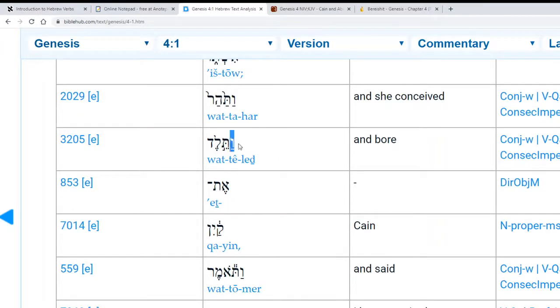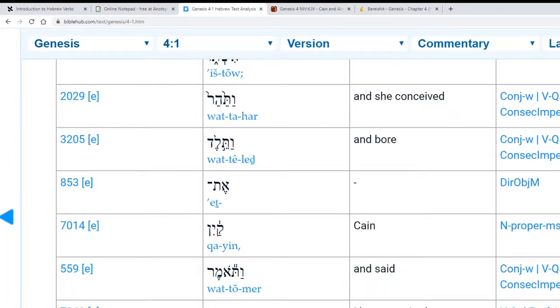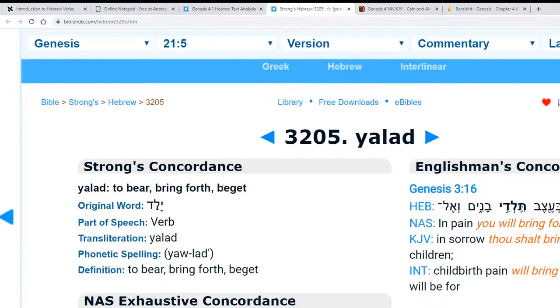Va teled, so conjunctive vav. Teled, again, leda, so she gave birth. Again, I don't agree with them about the root here. They're saying the root is yud lamed dalet, and it seems to me that the root is actually lamed dalet hey.